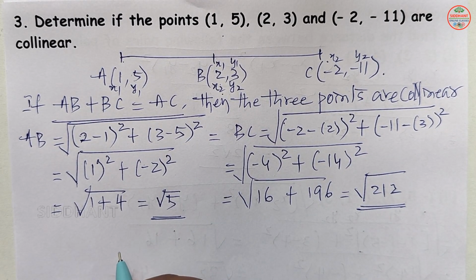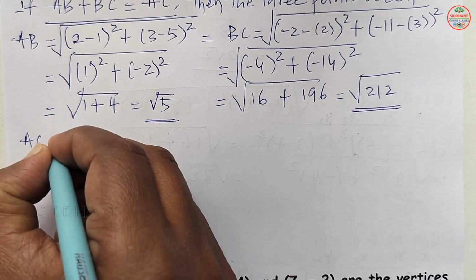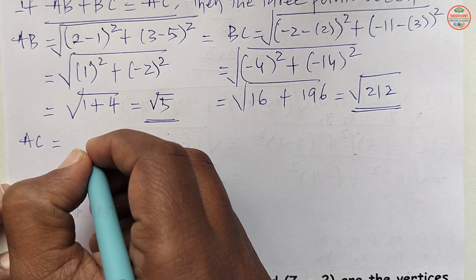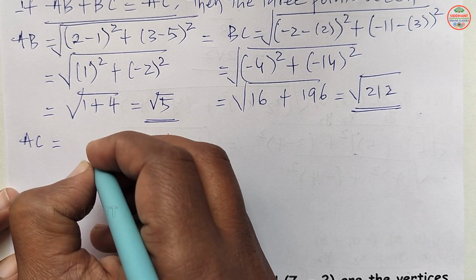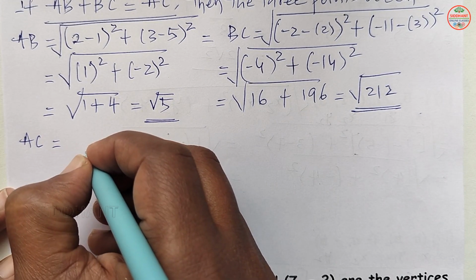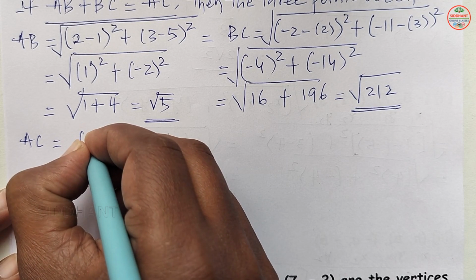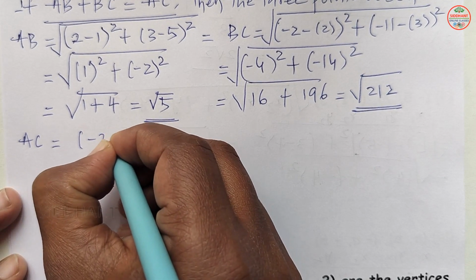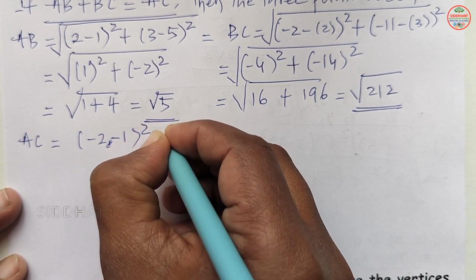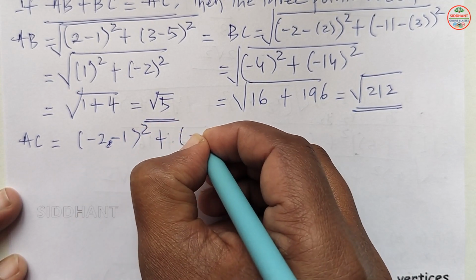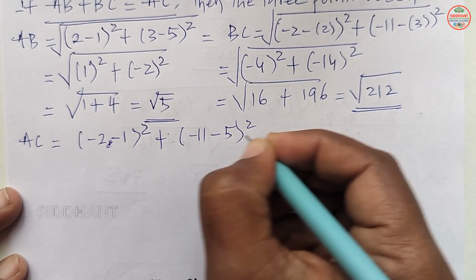Now we are going to find the AC distance. So AC is equal to the point A, point C distance. So A is 1, 5, and C is minus 2, minus 11. So here x2 minus x1, that will be minus 2 minus 1 whole square, plus minus 11 minus 5 whole square.